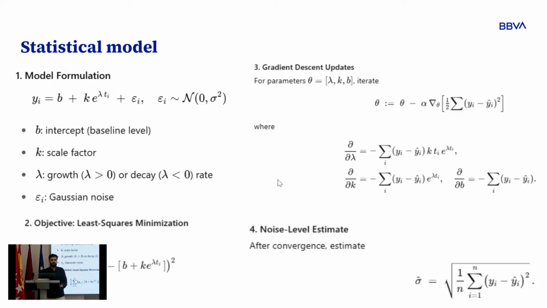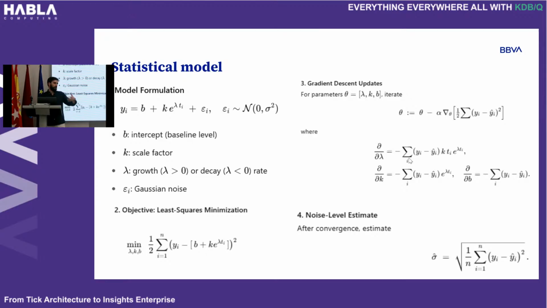We do this using gradient descent updates, where we have a learning rate that computes the gradients for the three variables in the exponential: the k, the lambda, and the intercept, the b. We compute these gradients and iterate until convergence, until the step is very, very small, and then we have an approximate solution. Once we have the convergence, we will have an estimate for our error, our sigma.